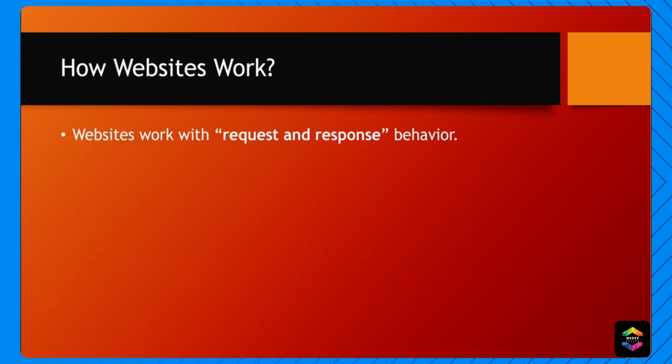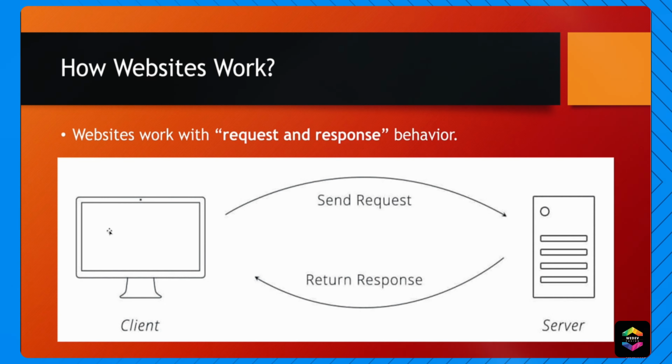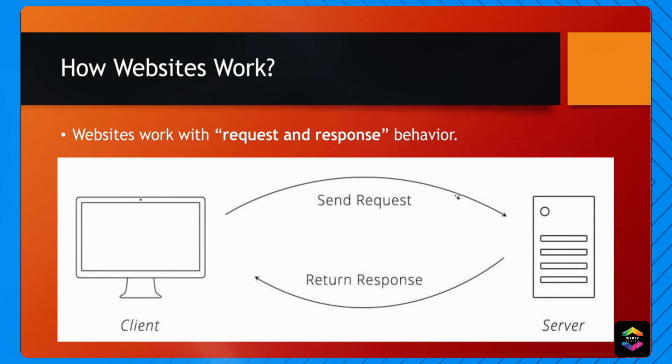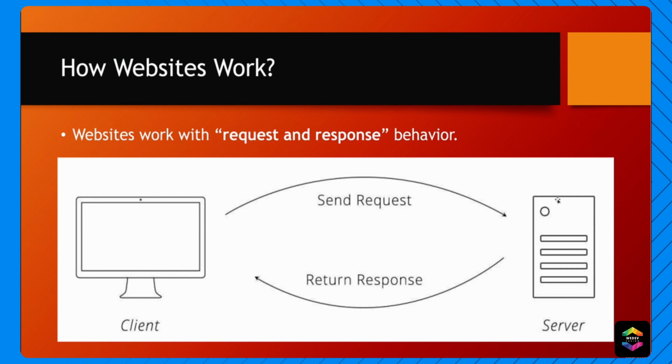So let's have a look at this diagram right here. When we type in google.com, the request is sent to the Google server. Now the server processes that request, and then it responds with the Google homepage to the client, or to the computer.